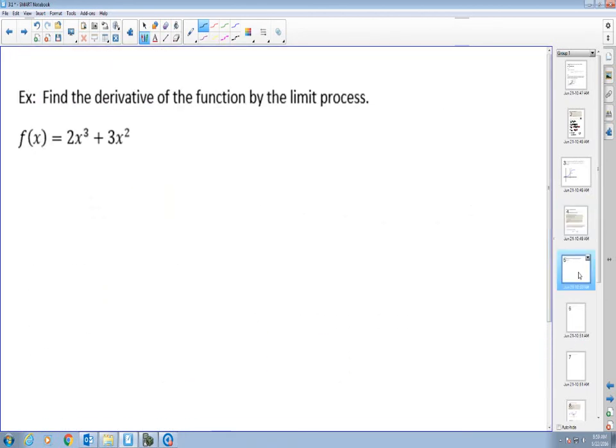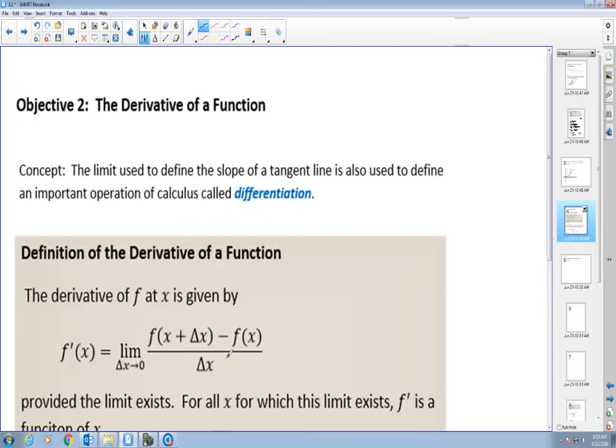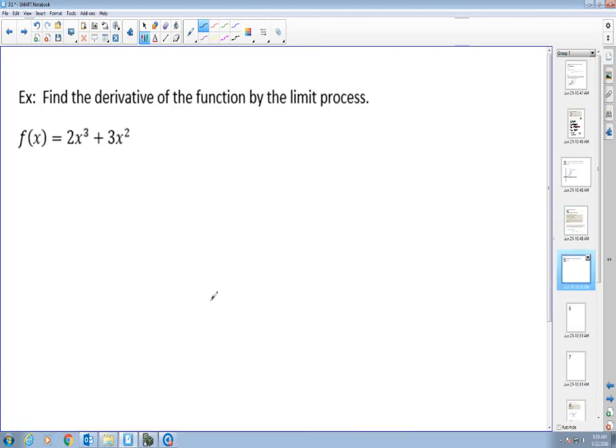Let's see if we can find the derivative of a function by the limit process. I'm going to go back and use this formula right here, rather than using c to find the slope at a particular point. I'm changing my c to a variable x here.